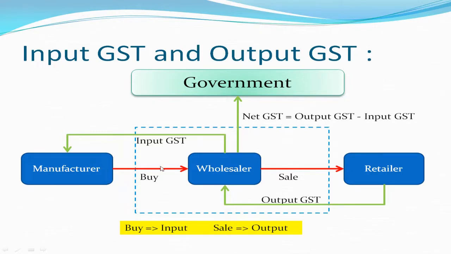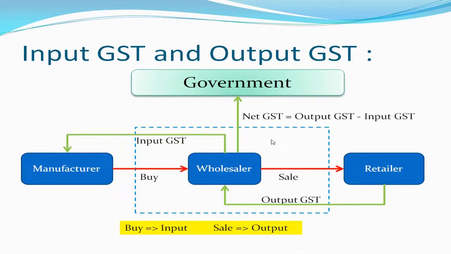Now we all know that when the wholesaler buys a product from the manufacturer, it is at a lesser price, right? Because the wholesaler buys in bulk, right? And we know that GST is calculated based on the final sales price, correct? So the final sales price when the wholesaler is buying is definitely less than the final sales price when it is sold to the retailer, right?